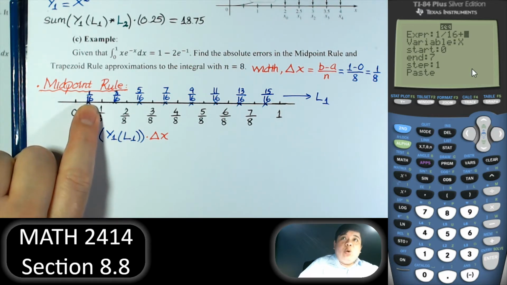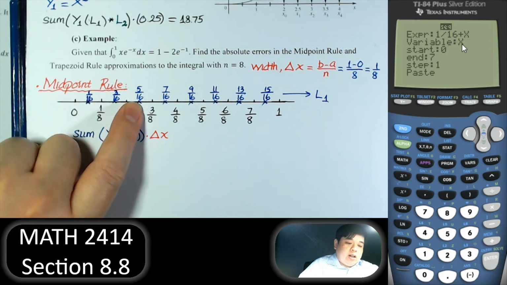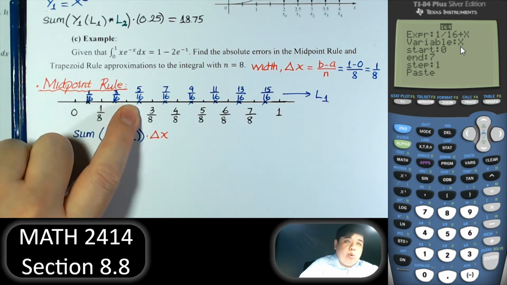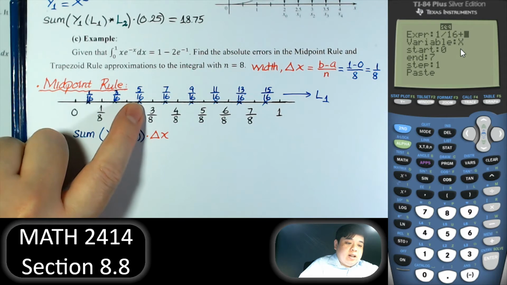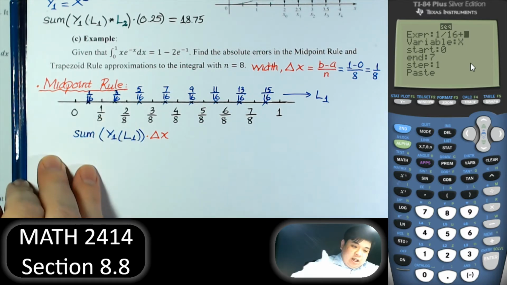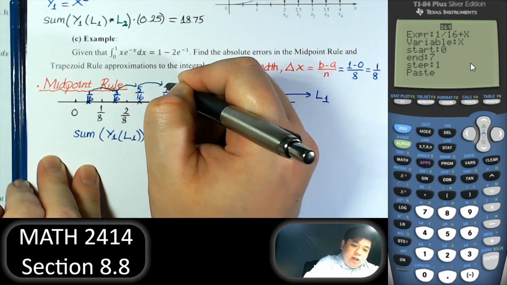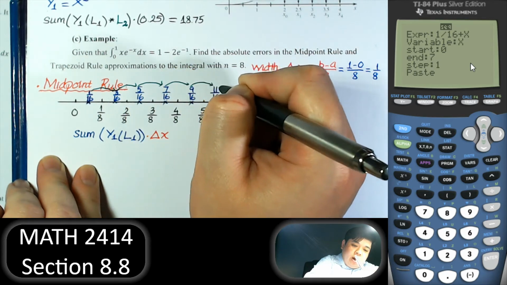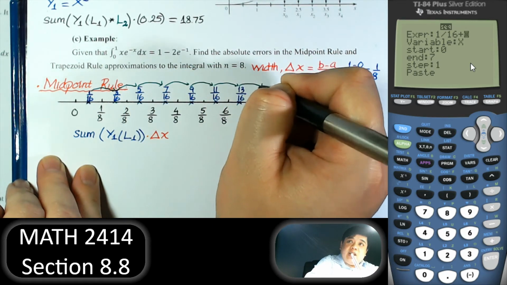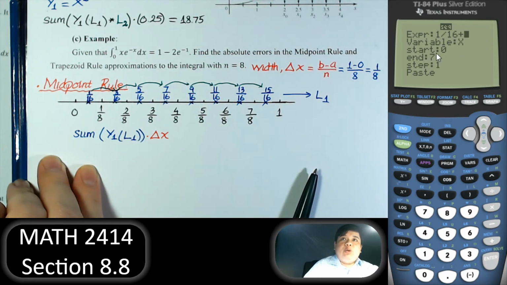The first one has no width. The second one has one width. The next one you add one more width, 2, 3, 4, 5, 6, and then 7. So that's why we have from 0 to 7, and the increment is 1.